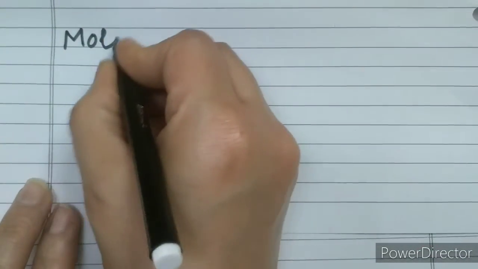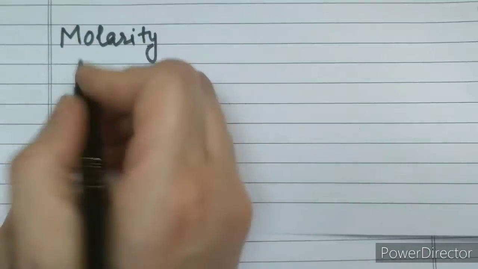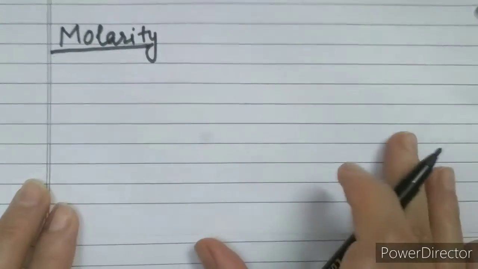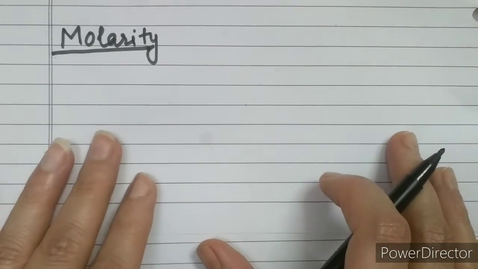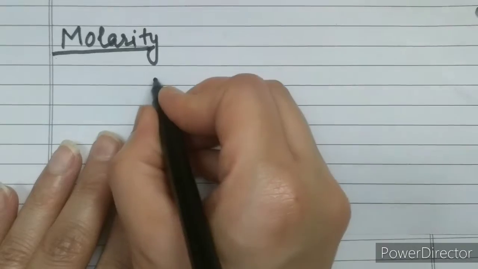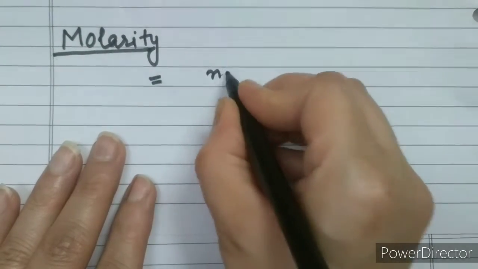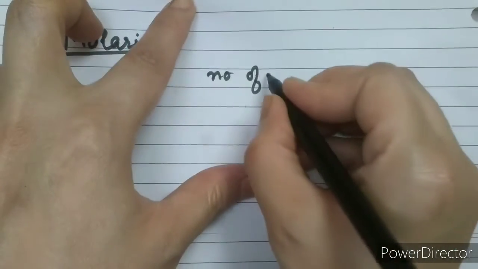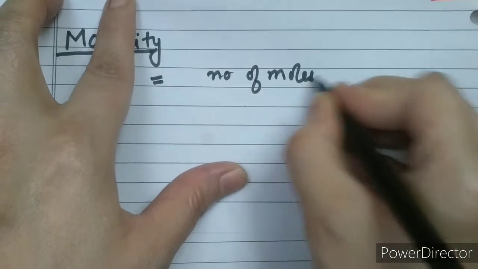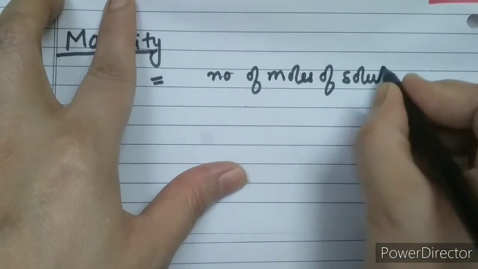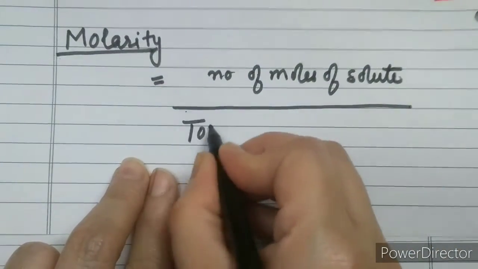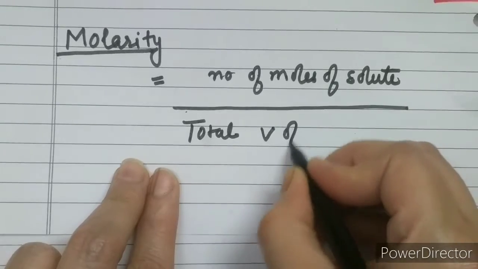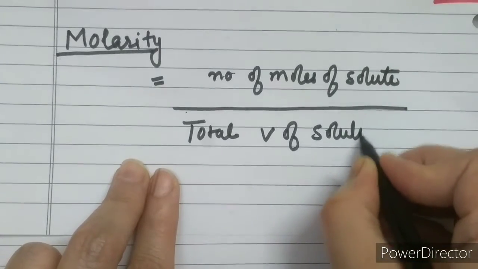The next concentration term is molarity. This is a very important concentration term because we usually get to see such questions in both theory and competitive exams. So molarity is defined as the number of moles of solute divided by the total volume of solution.